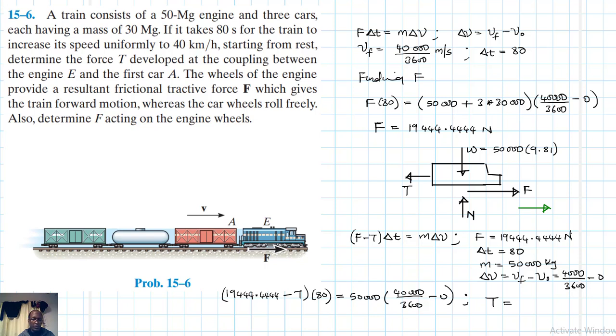So T becomes 12,499.99, which is about 12,500 newtons. This is our coupling force for this particular problem.